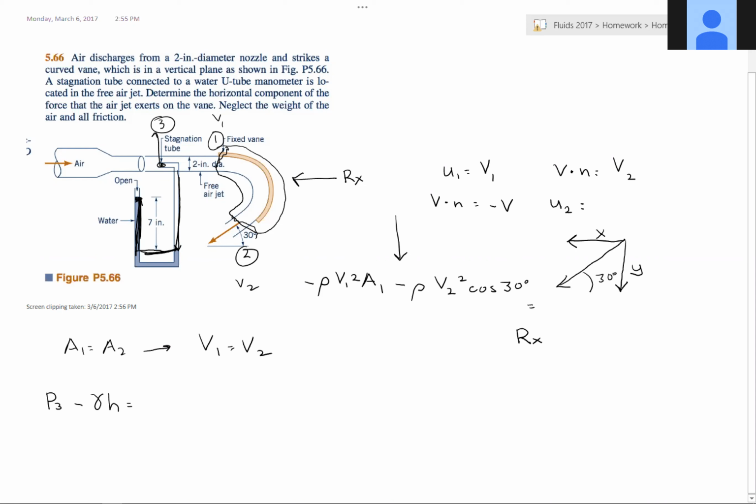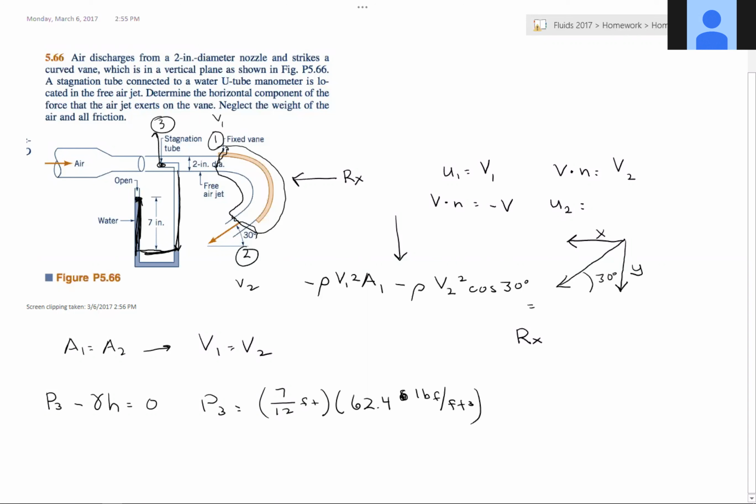0. That's exactly right. So now we can find our P3 is equal to 7/12, so that's in feet, times our gamma, in pound force per feet cubed. So now we have our P3.